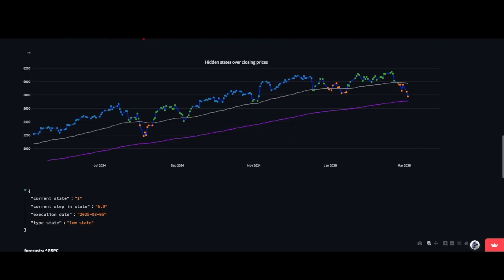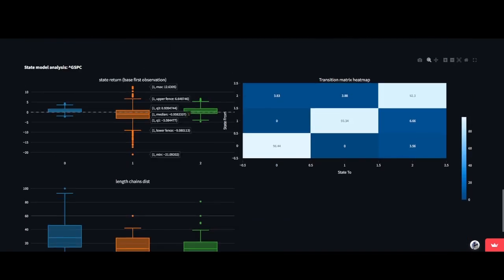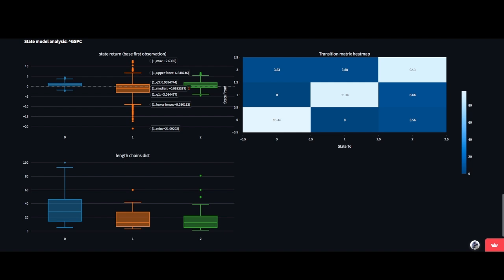State number one is a state that has mainly negative returns because the median of the returns is below zero. This state can last between 6 and 27 days, let's say between 1 week and 1 month, and in some cases 1 month and a half.